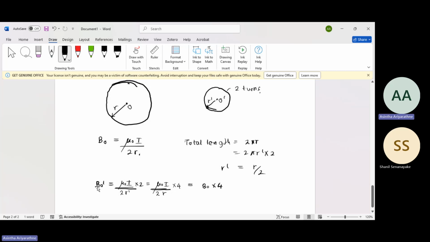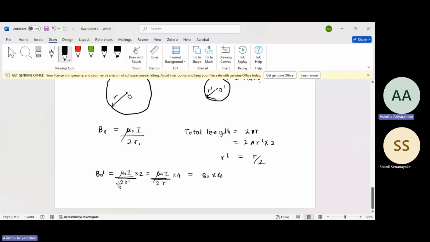Then use this expression: B dash is equal to mu naught I into 2, because N is now 2, not 1, over 2 r dash. And r dash is R over 2, so that 2 goes to the numerator and becomes 2 into 2, which is 4.